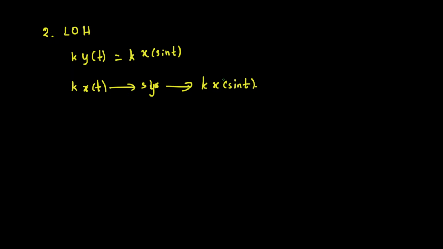If you compare, these two are equal, therefore this also satisfies the law of homogeneity, and therefore this system is linear. Okay, that's how we use superposition to find whether a system is linear or not.